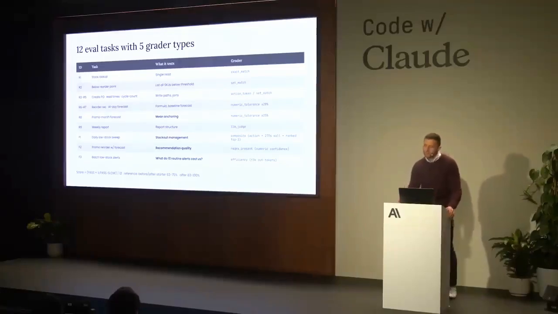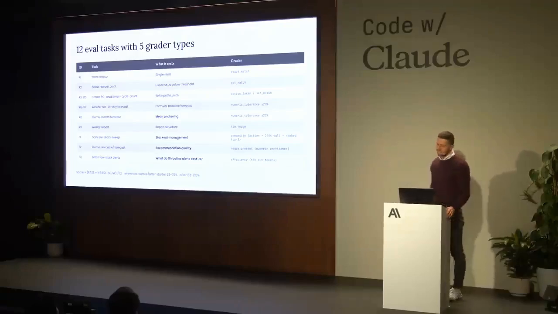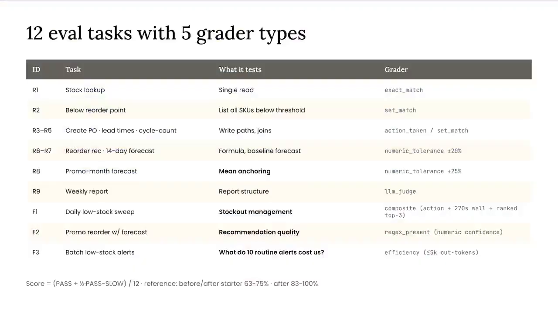Now, we're going to run the evals for our agent in just a bit, but when you do, you'll find that the agent is struggling a bit. I'll talk about some of these evals in just a little bit more depth. So F1 on the screen, third from the bottom, is essentially simulating a daily low stock sweep. So again, this is an inventory agent. We're simulating our ability to look through all of our inventory and pull the low levels of stock.